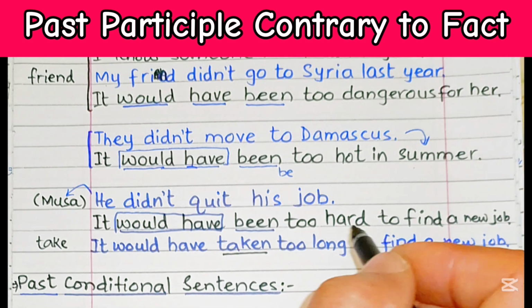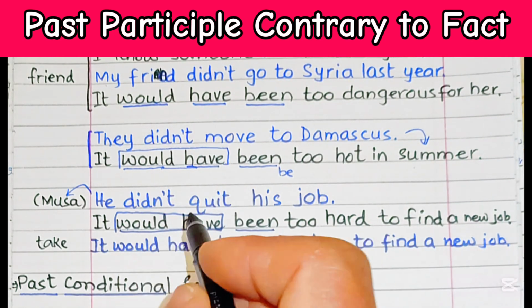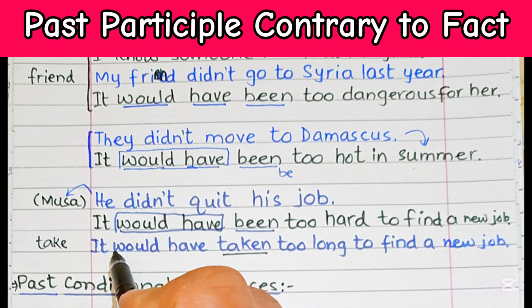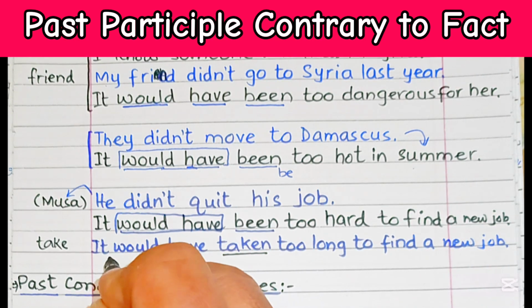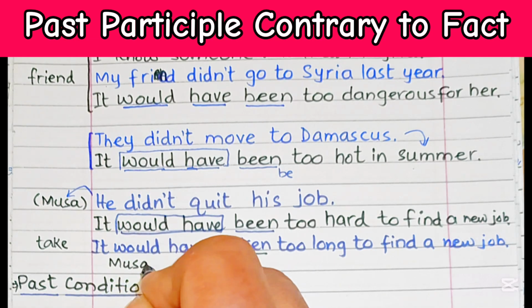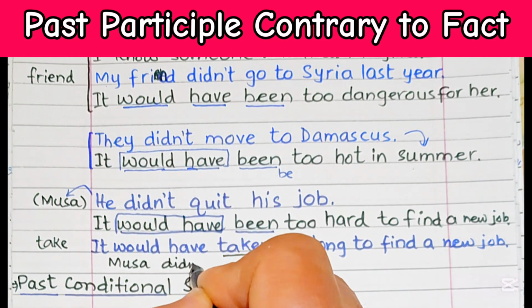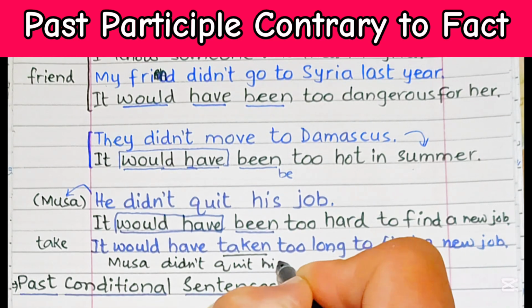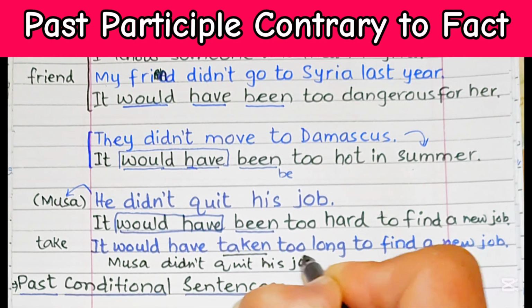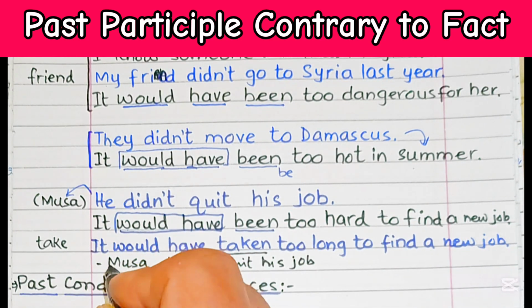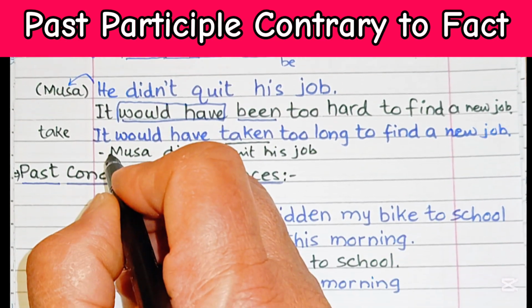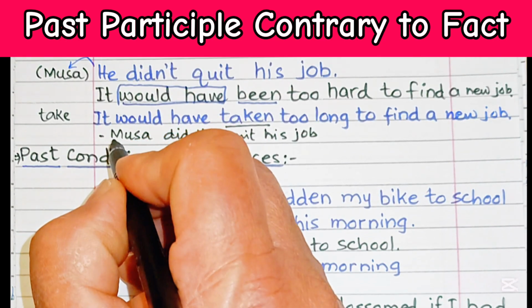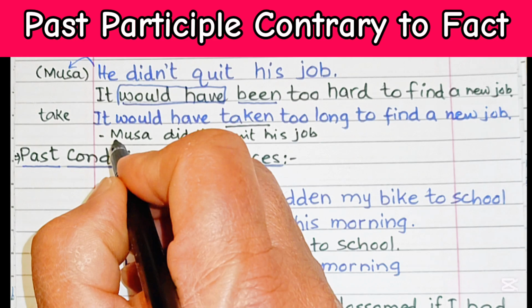This is what did not happen in the past. What is that? Musa didn't quit his job. So if I write like this, Musa didn't quit his job. This particular part of the sentence, Musa didn't quit, is what did not happen in the past.